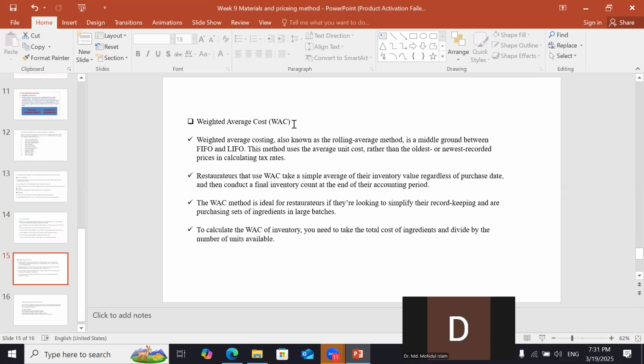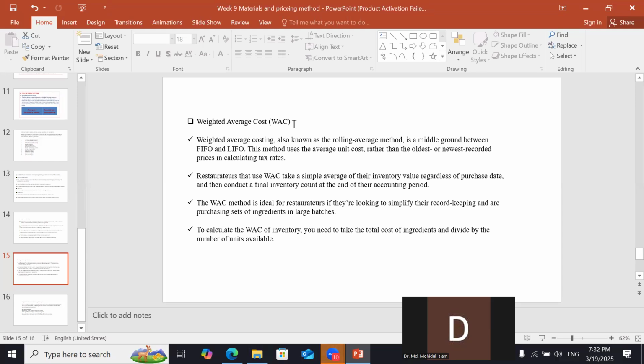Average method. The average method is also popular in our country, but in some special situations and cases, the weighted average method is followed by our country's industries.